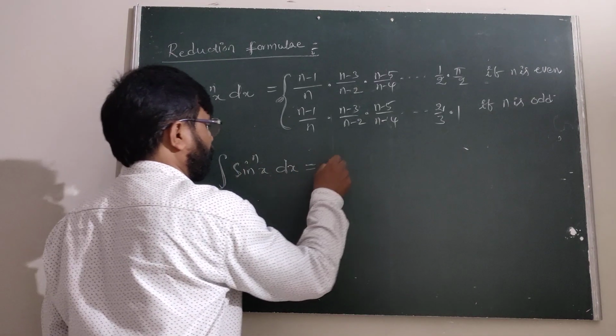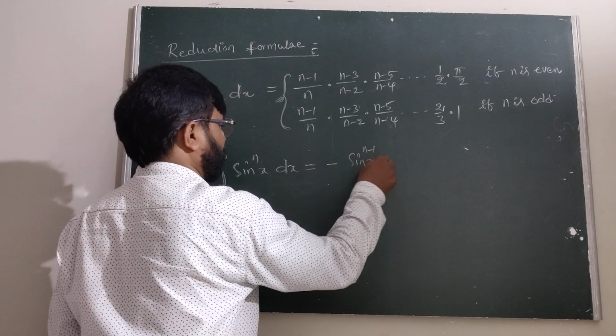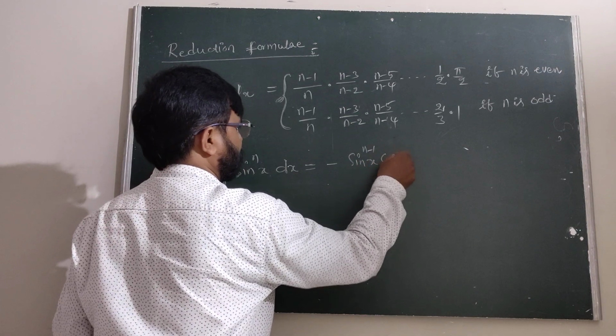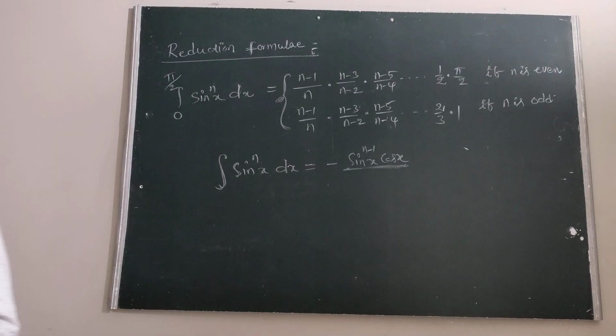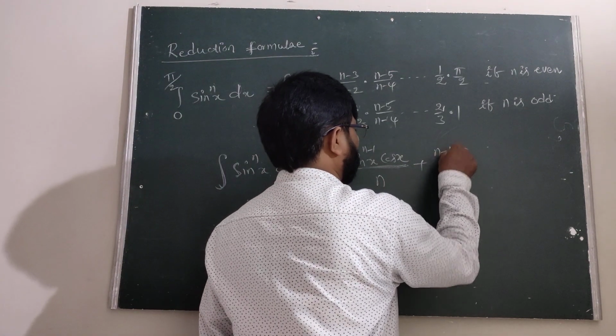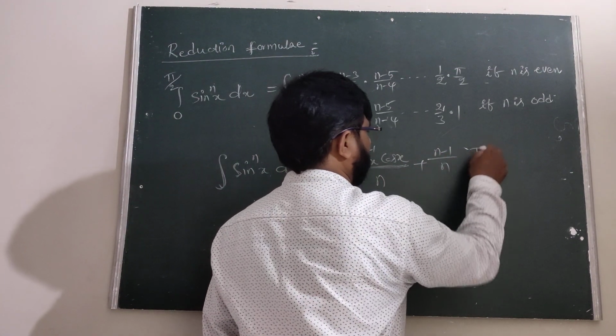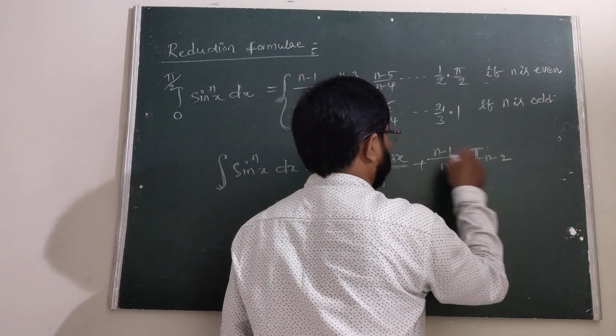We have to know that it is minus sin power n minus 1 x into cos x by n, plus n minus 1 by n into I n minus 2. Okay, this is the formula.